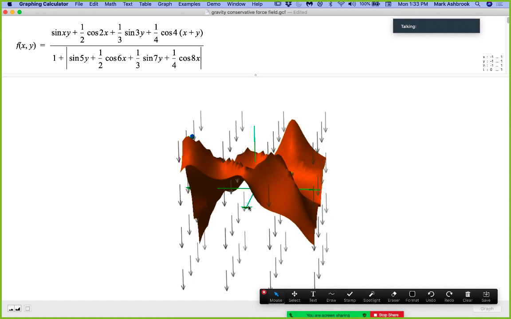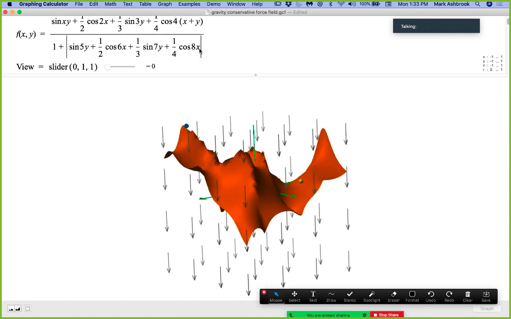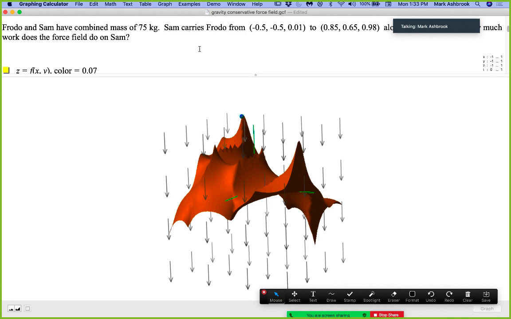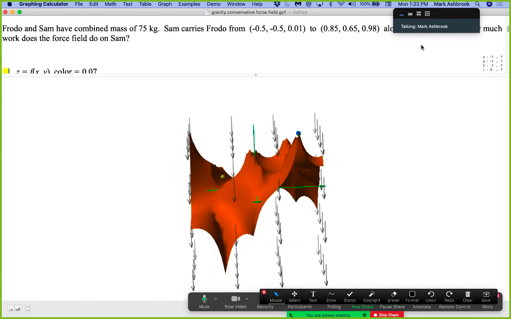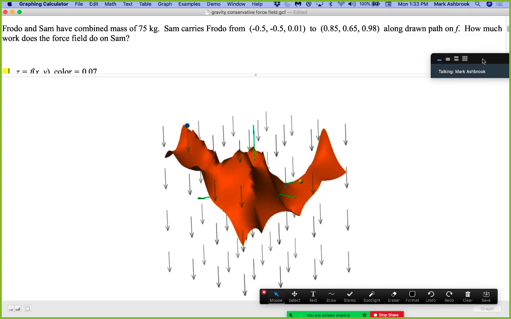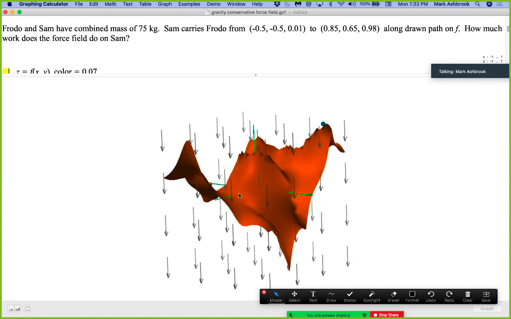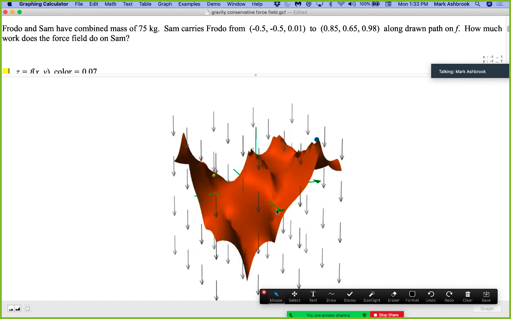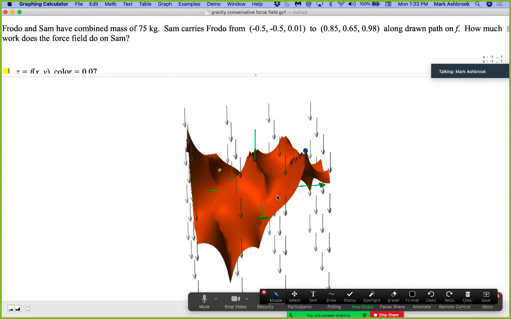Frodo and Sam have a combined mass of 75 kilograms. And they need to get from point A to point B so they can toss the ring into the fiery abyss in Mordor here. And so how are they going to do that?